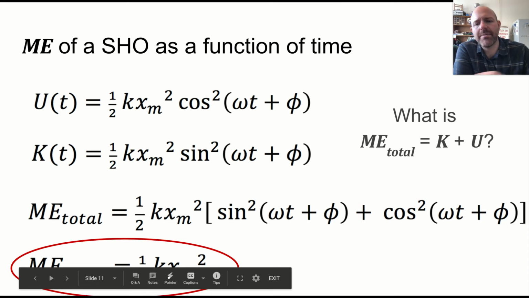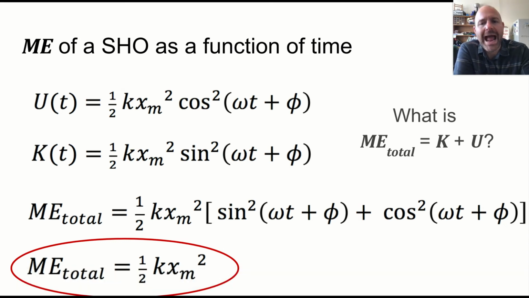We can then talk about the total mechanical energy by adding these two together, right? We're basically adding a sine squared and a cosine squared with a coefficient out front. And of course, sine squared plus cosine squared is 1. So we end up with a really simple formula for the total mechanical energy, which is a constant, which it should be, right? Conservation of energy: 1/2 k x max squared.